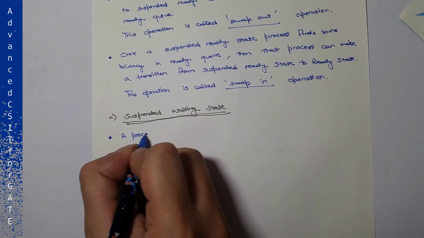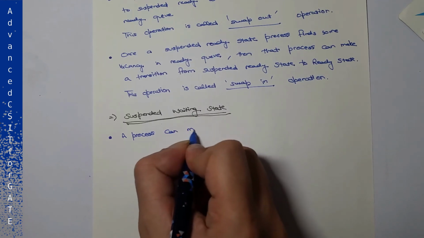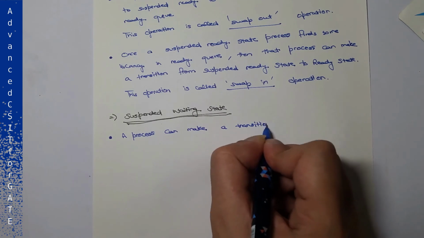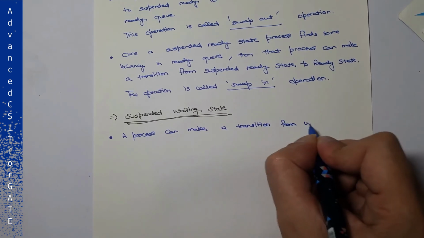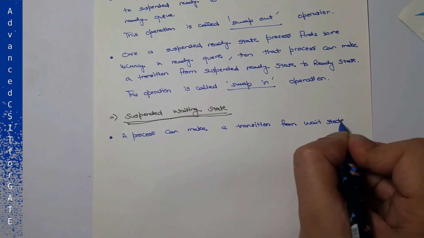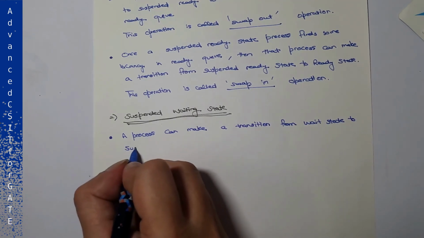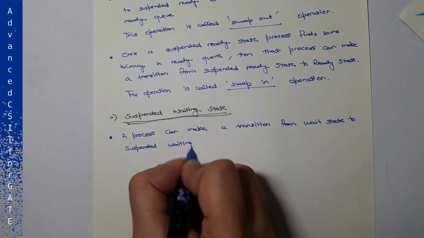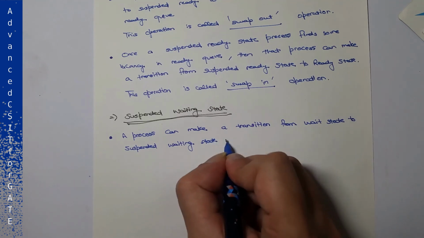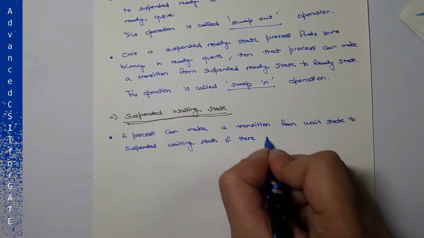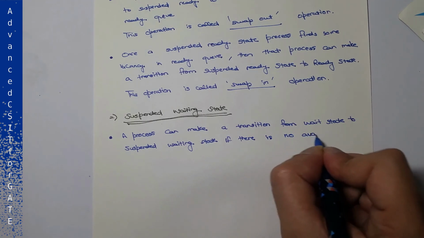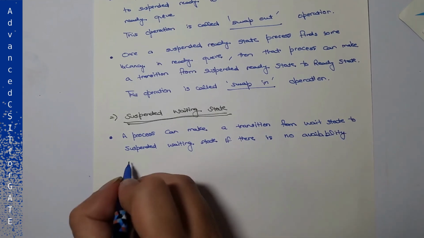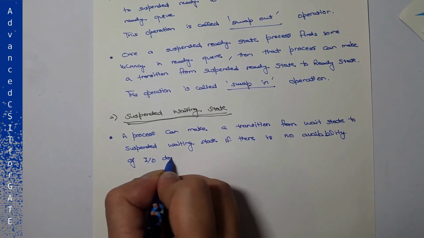A process can make a transition from wait state to suspended waiting state if there is no availability of input output device.